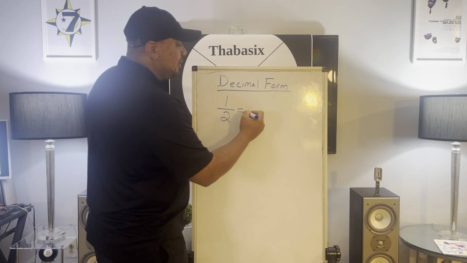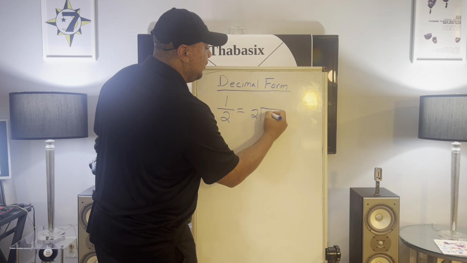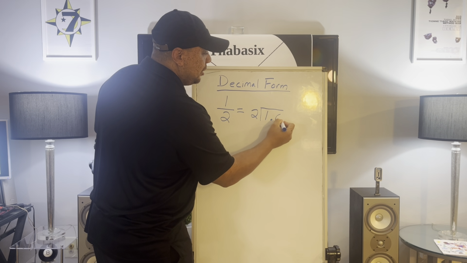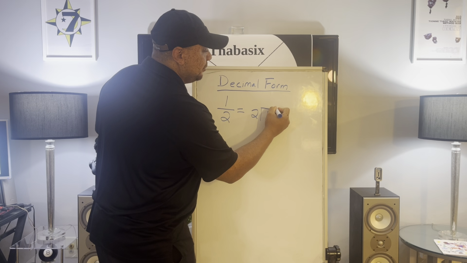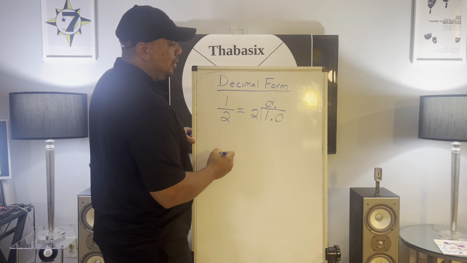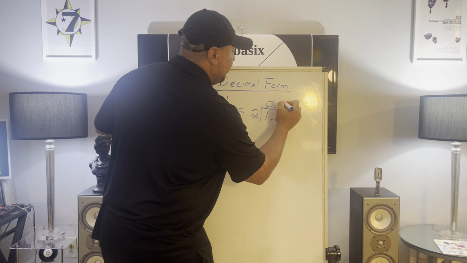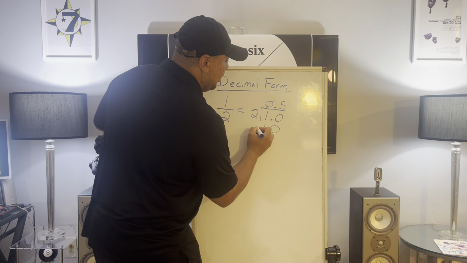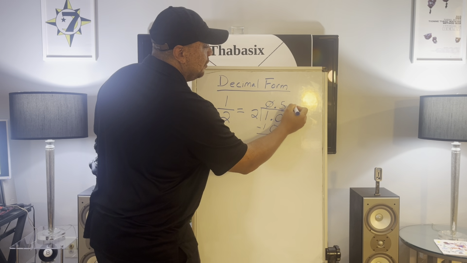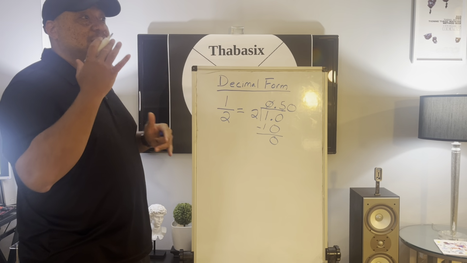So I would rewrite this as 2 dividing into 1. We're going to use a decimal point here, and just line it up. 2 cannot go into 1, so we write a 0. How many times does 2 go into 10? 5 times. 5 times 2 is 10. Make sure there's no remainder. All is well. 0.5 or 0.50. That's the quickest way that you can understand what a decimal is.